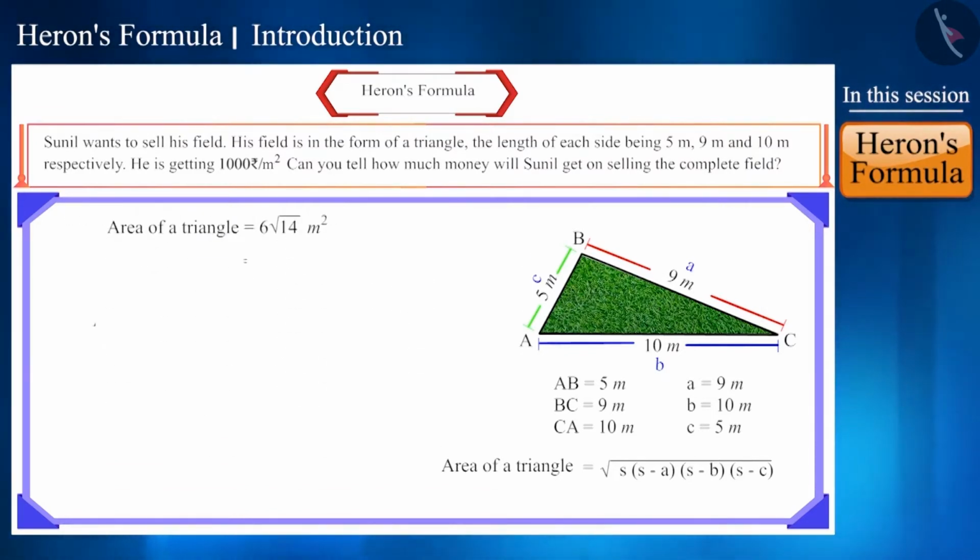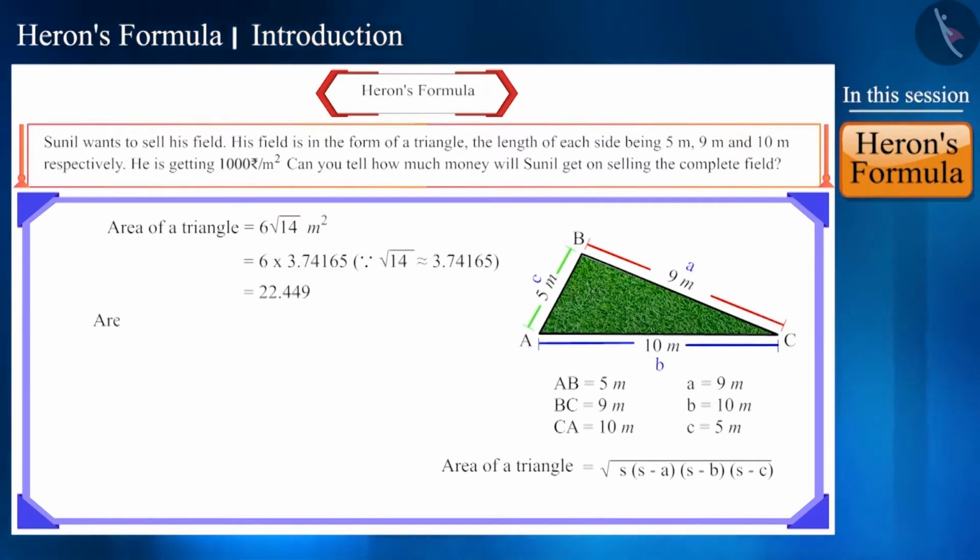Friends, the value of root 14 is approximately 3.74165, and in this way, the total area of the field will be 22.449 or 22.45 square meters. The solution does not end here.